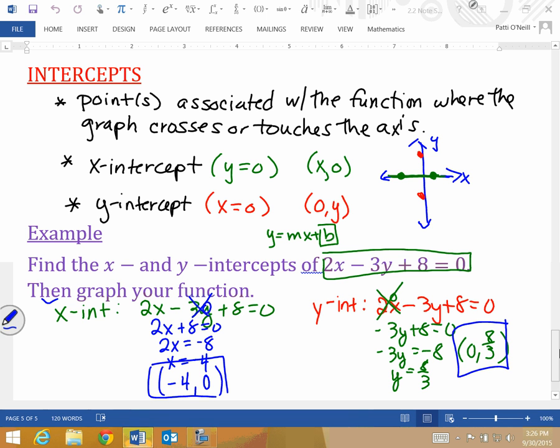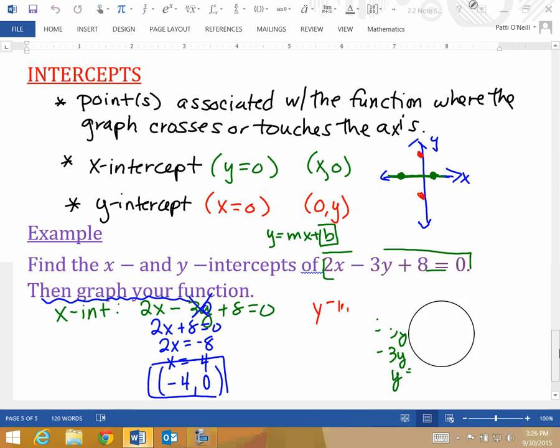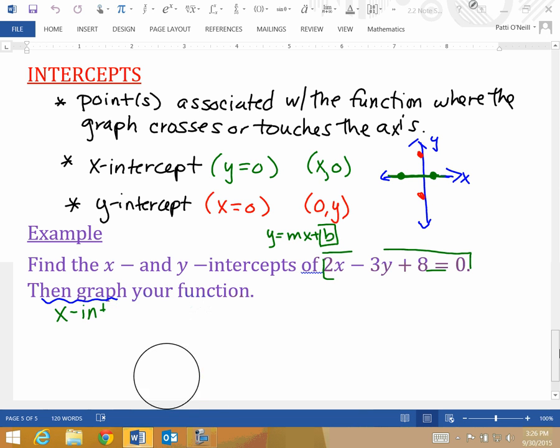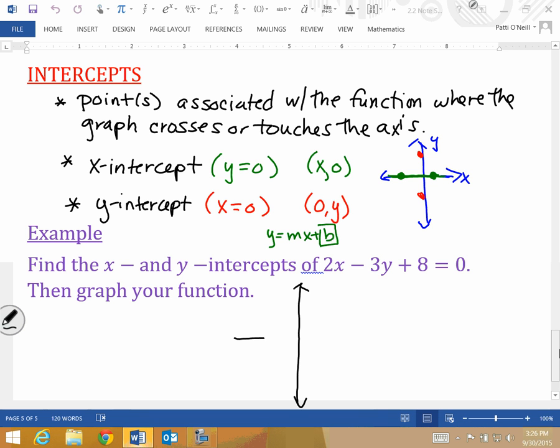If we take these 2 points into account as our intercepts, negative 4, 0, and 0, 8/3, and you're asked to actually graph your function, because I do extend this a little bit and ask you to graph, remember, if this is a line and it is a linear function, in order to graph, you just need 2 points. So I'm going to erase this here, and we're going to graph our function. Because we have our intercepts, it's going to be pretty simple.